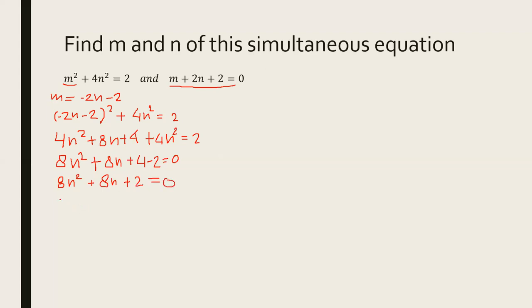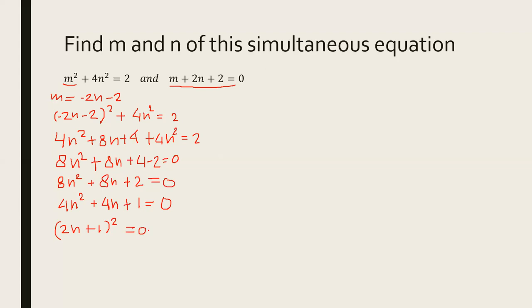Simplifying again, divided by 2, it becomes 4n squared plus 4n plus 1 equals 0. And if we factorize this equation, it is going to be 2n plus 1 squared.